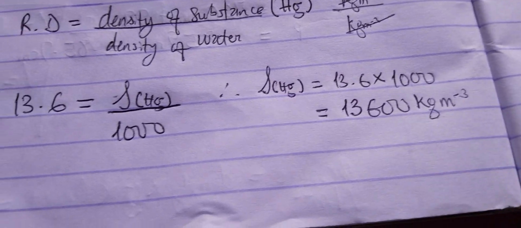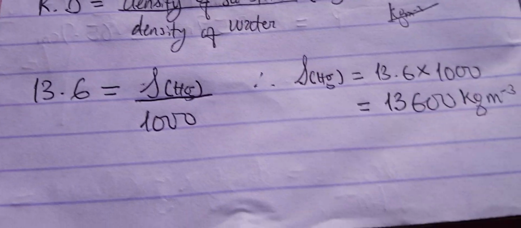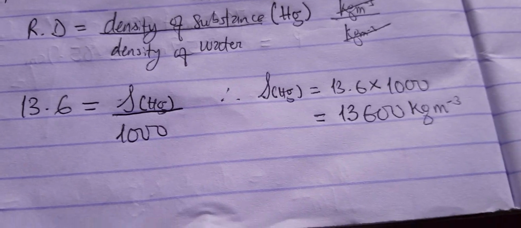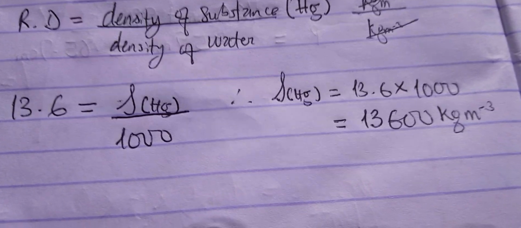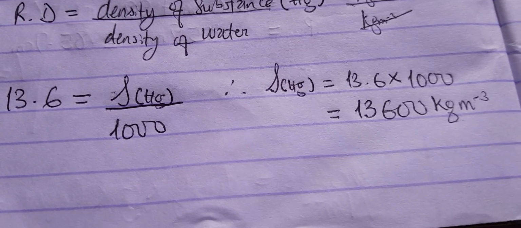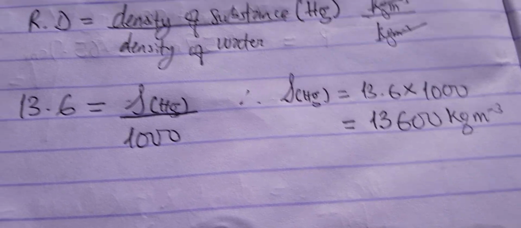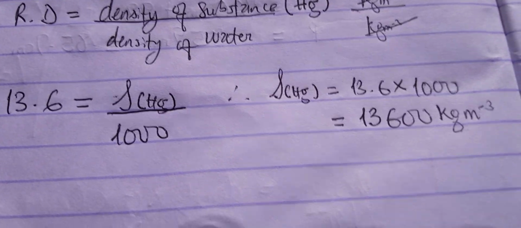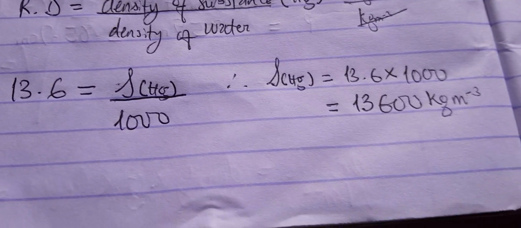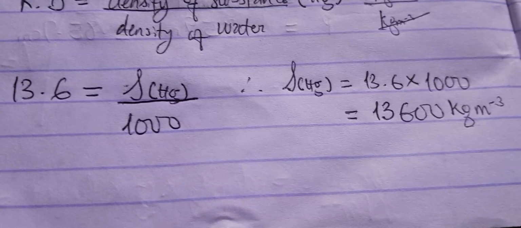But someone will be asking, why is this now having units? Remember, we're looking for the density of the mercury, which is the relative density times the density of water. And that's why we're having the units there, kilogram per meter cube. Okay, and let's proceed.